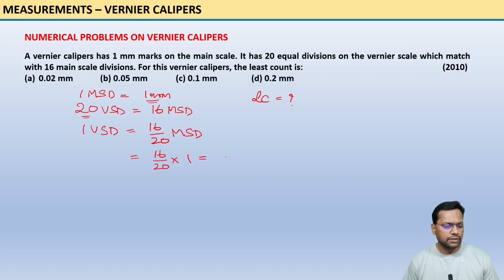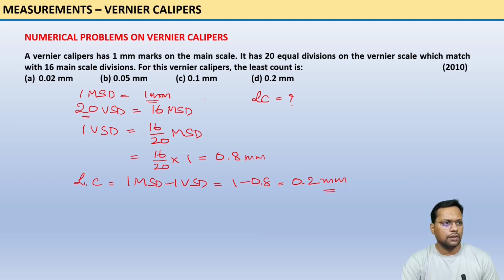So therefore 16 by 20 value is 0.8 millimeter. So now the least count is equal to 1 main scale division minus 1 Vernier scale division, that is 1 minus 0.8, that is equal to 0.2 millimeters. The next problem.